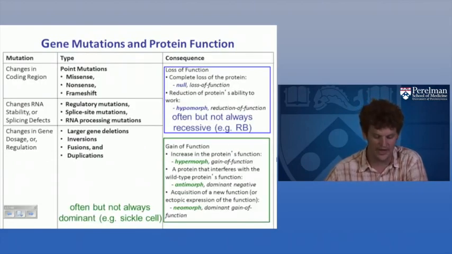So there's lots of different ways that mutations can alter protein function. And most genes correspond to protein encoding parts of the genome that are transcribed and translated into protein.